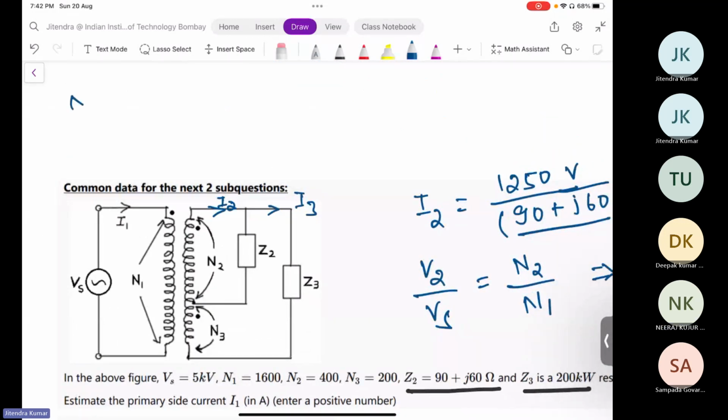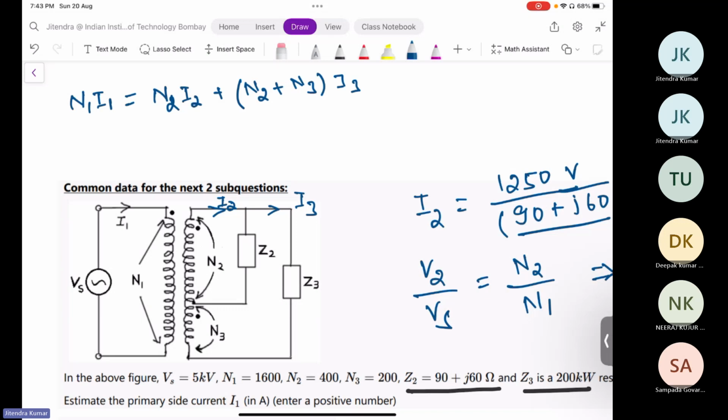So N1 I1 is the supply, and N2 I2 is one load that is getting supplied from the source. The other load is this Z3, and across Z3, this N2 plus N3 whole winding into I3. If you get confused in such things, see whatever load is being supplied from the source.